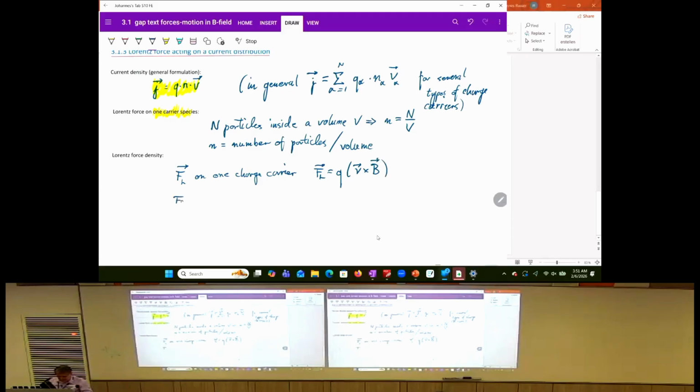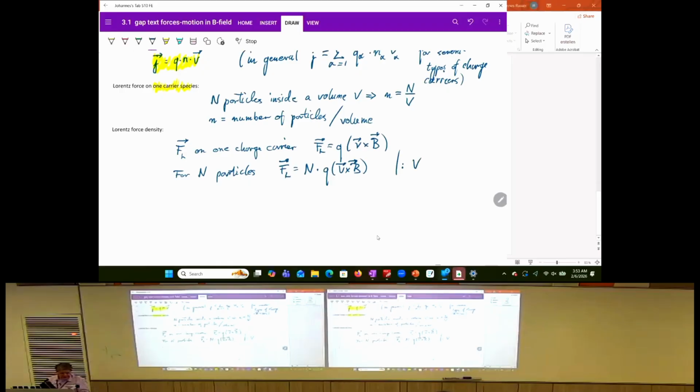Now, what happens for n particles? If you have a great number of particles, then obviously that force will scale up. So your force is n times q times the cross product of velocity and magnetic induction. Let's divide that total equation by the volume, on the right and left hand side.